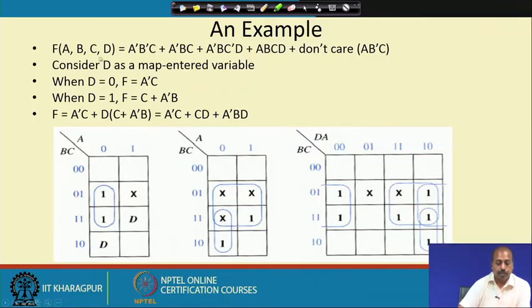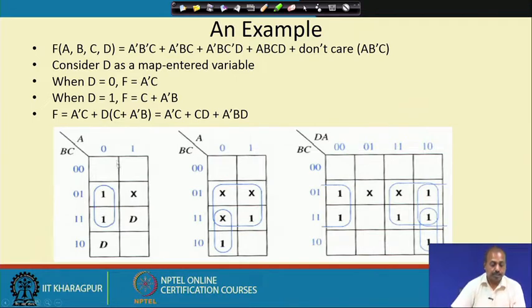So this is another example. ABCD is, say, this one: a bar b bar c plus a bar b c plus a b c bar d plus ABCD plus some don't care term a b bar c. If you consider d as the map entered variable, then when d equals 0, you put d equal to 0 here and you get the function a bar c.